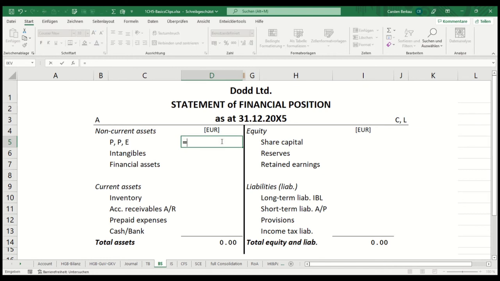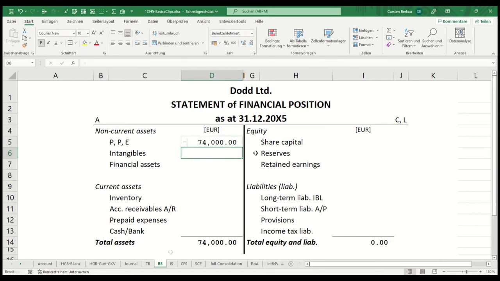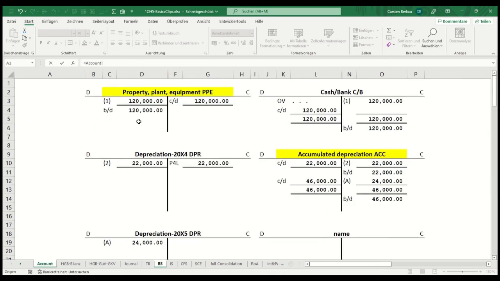Option 1 is I take the amount straight from the register of the non-current assets. The alternative is I just derive the figure from the accounts. For that, I click on the debit side of property, plant and equipment, 120,000, and I deduct the balancing figure of the accumulated depreciation account.